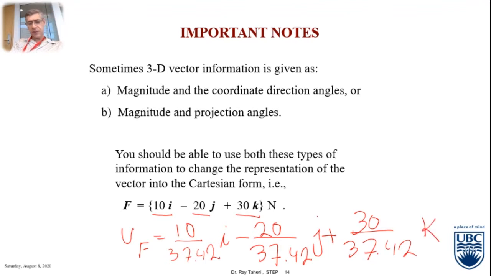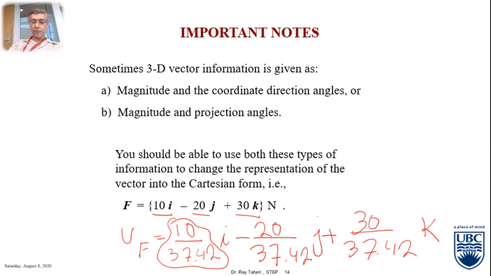So this is the unit vector, the magnitude is 37.42, and if you want to find the direction angles, obviously this component is the cosine inverse of the angle. So you simply write 10 divided by 37.42, and the cosine inverse of this value, which is 75.5 degrees, and so on for the other ones.